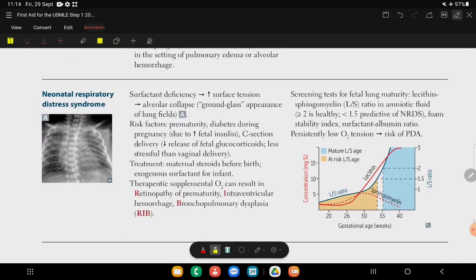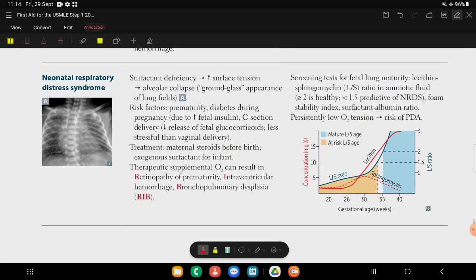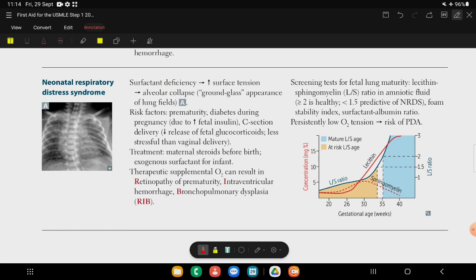Now we have the next one, that is the neonatal respiratory distress syndrome. So in short, when a baby is born, for respiration with the room air, there should be some sort of gaseous exchange.